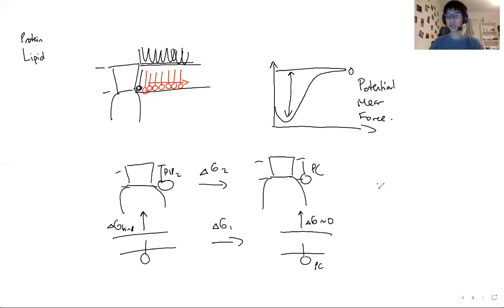And what I can do here is take delta G2, subtract delta G1, and what I have is the binding free energy I've got out of this process, which is somewhat cheaper than the PMF method. But of course, we're losing the landscape of the energy that we can get along a one-dimensional axis here. So, method of choice, you can use one way or the other to test the binding affinity of the lipid.